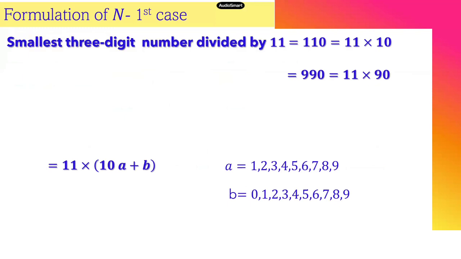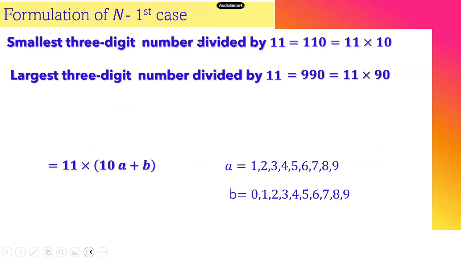Here the smallest three-digit number divided by 11 is 110 divided by 11, which is 10. And the largest three-digit number divided by 11 is 990, which is 11 multiplied by 90.